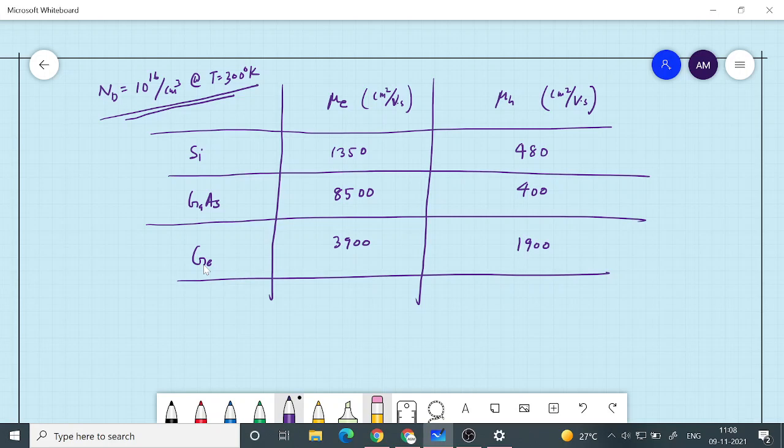Or an N channel MOSFET, you will see, is better than a P channel MOSFET. So whenever we have an option to use only one kind, we will always go for N-type devices, where electrons are giving rise to the current conduction.